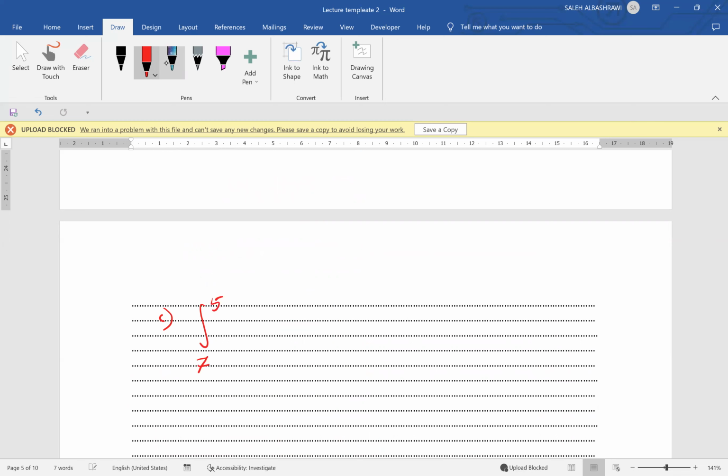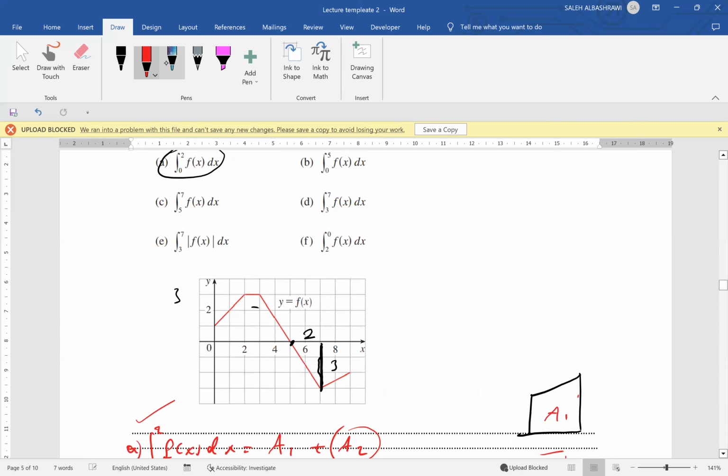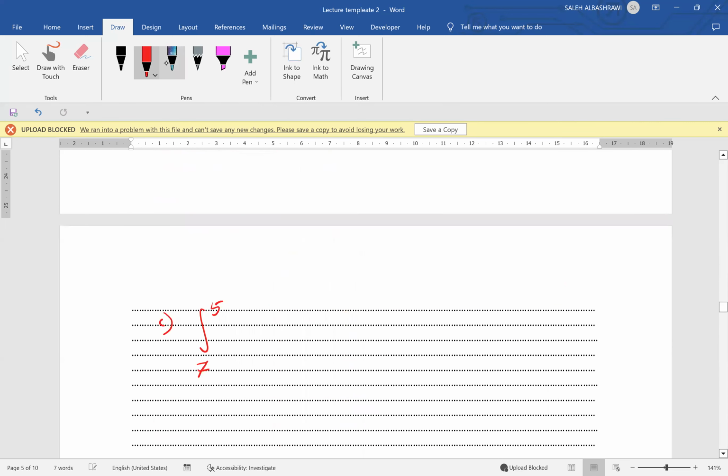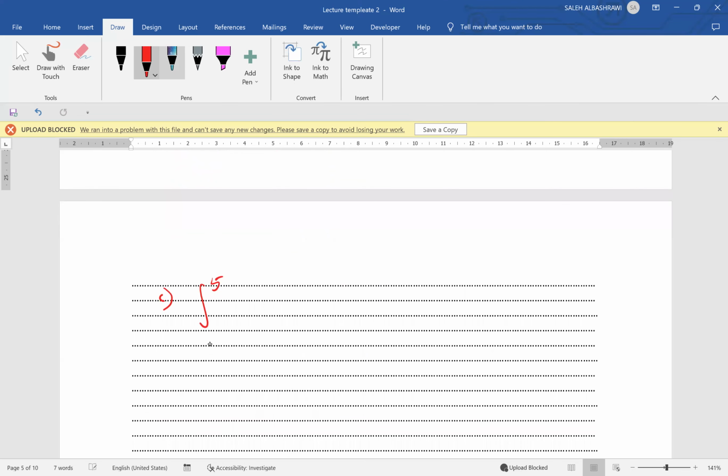Seven to five, come back to see it again. So it is 5 to 7, not 7 to 5, it is from 5 to 7. The integral from 5 to 7 of f of x dx is equal to minus the area, because it is under the x-axis, so it must be a negative value.